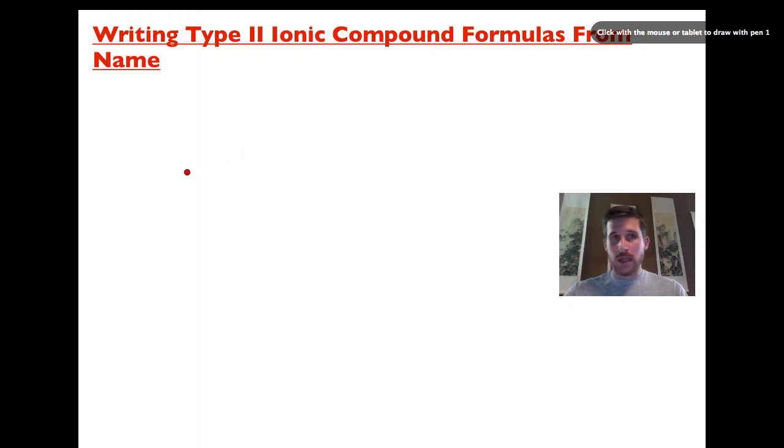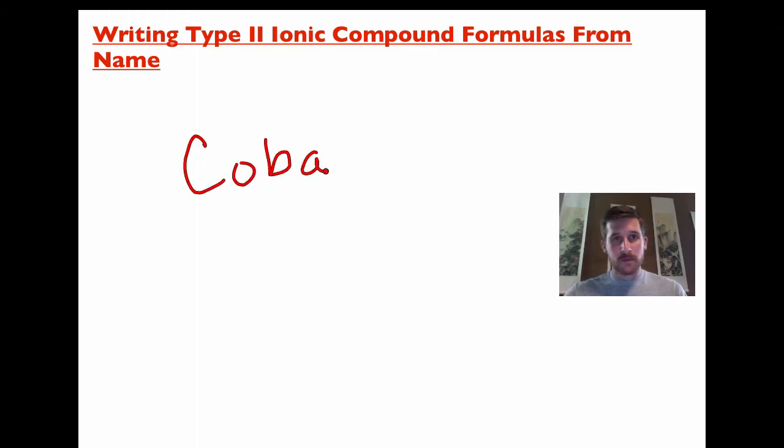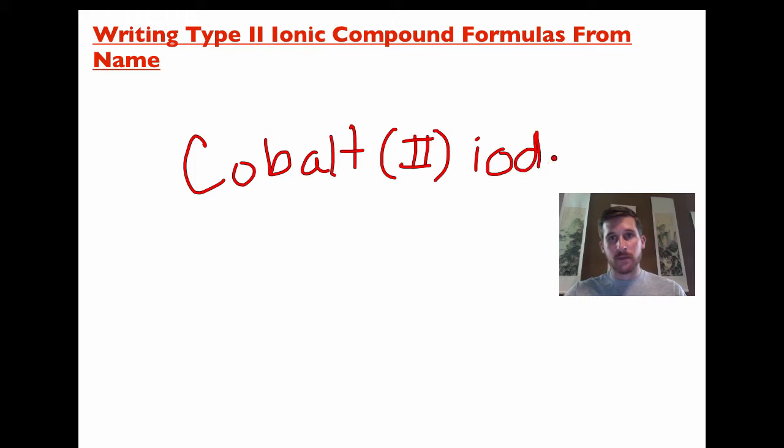Okay, so here's a name, cobalt, and I'm going to put Roman numeral 2, and I'm going to say cobalt 2 iodide. Okay, so maybe pause the video for a second and practice this. What do you think the formula is going to be for cobalt 2 iodide?